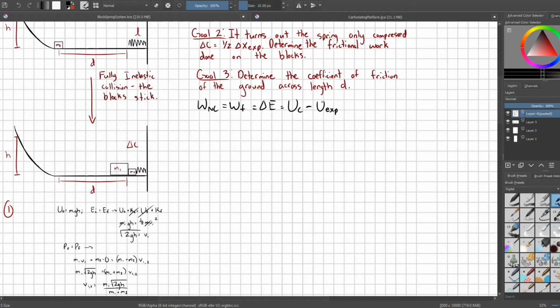So I can solve for both UC and U expected. Again, these are the spring potential energies that first we expect and then that we actually observed.